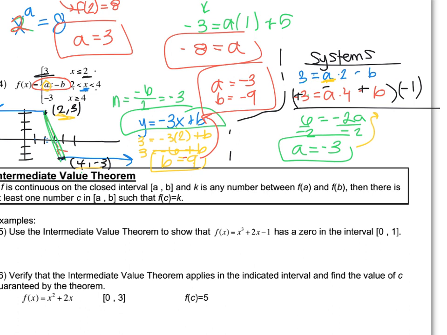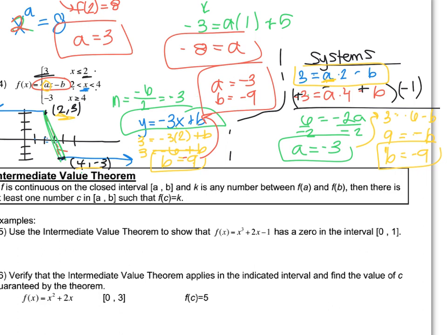So I'm going to plug it back into this first equation. So it would be 3 equals negative 3 times 2, which is negative 6, minus b. And then I would add 6 to both sides, and I would get 9 equals negative b, which means b equals negative 9, which is consistent with the value of b we got down here.